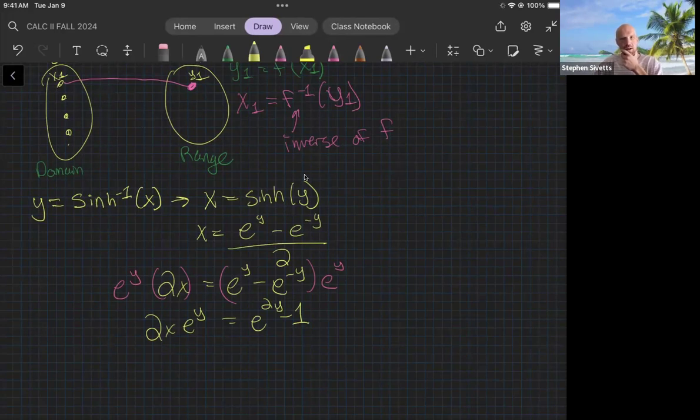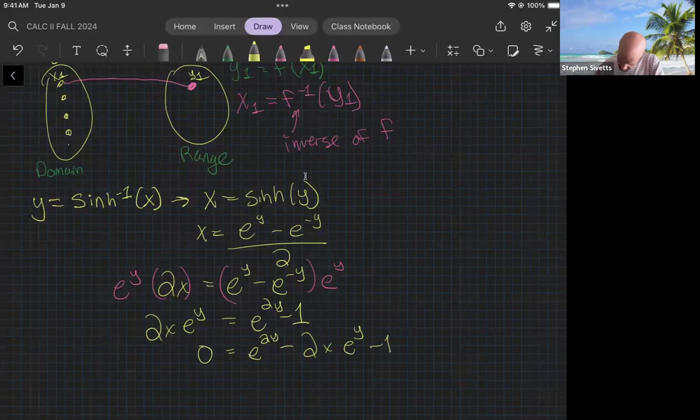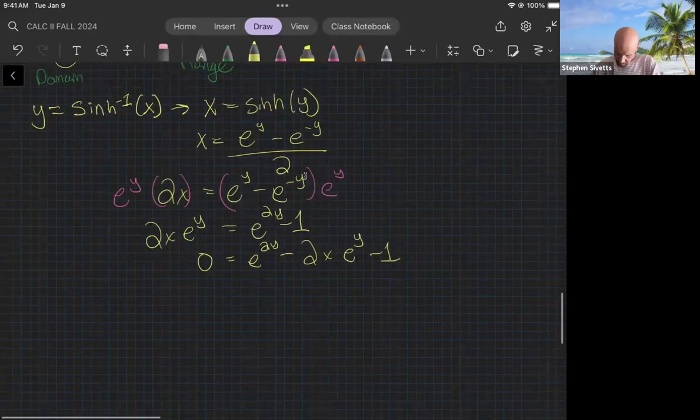Here we have a quadratic expression in terms of e to the 2y. We have e to the 2y, we have e to the y here, and then e to the y raised to the 0 power here, so that's a constant.